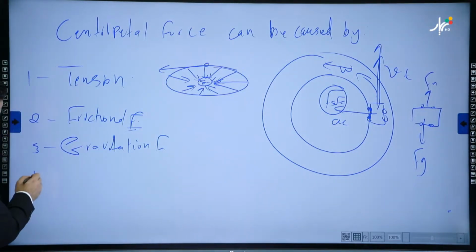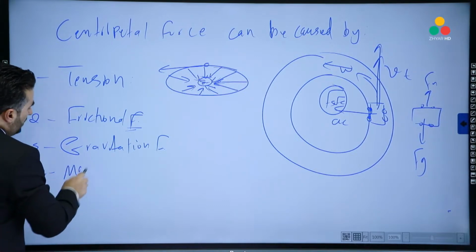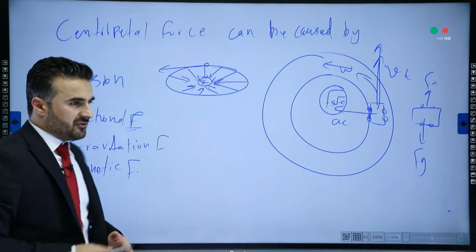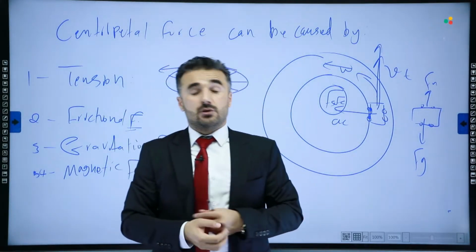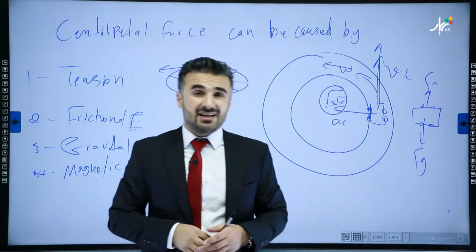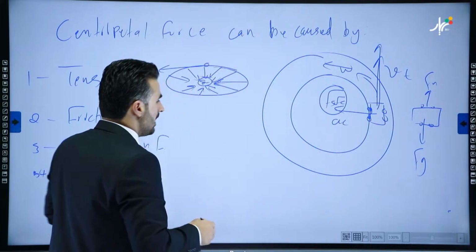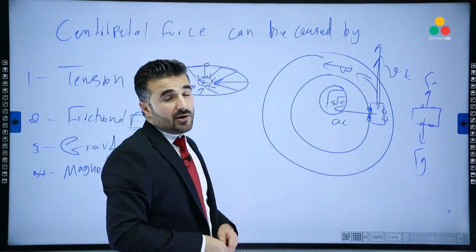Another force that we can have is magnetic force. How can a magnetic force provide centripetal force? Later on, in Unit 5, you will see that when an electron or a proton moves into a magnetic field, it experiences a force. This force will keep the object moving in a circle, either clockwise or counterclockwise.